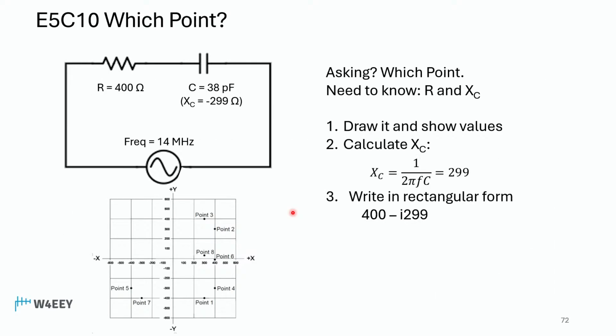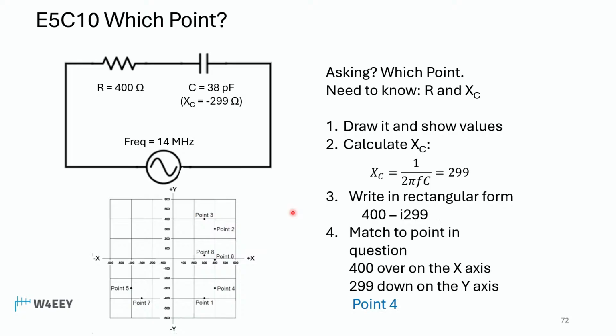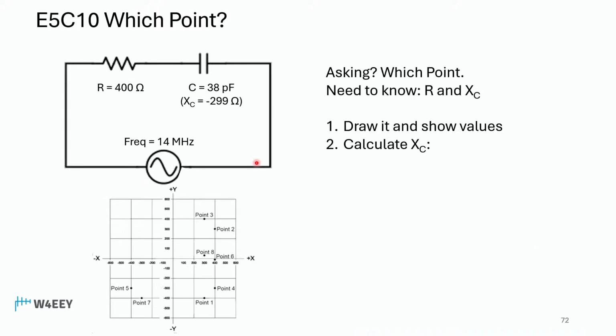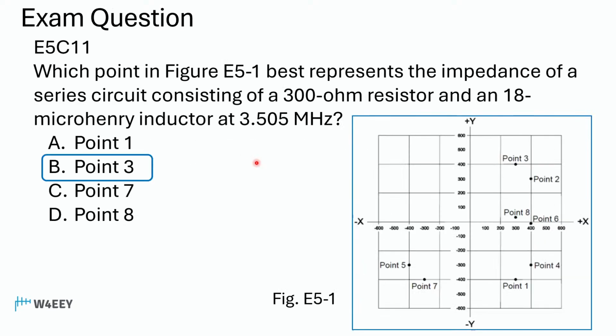Okay, we went through it all, and we wound up with 0.4. This is the one we just did, and this is the next one. E5C11. All right, so in this case, we got a 300 ohm resistor and an 800 microhenry inductor.